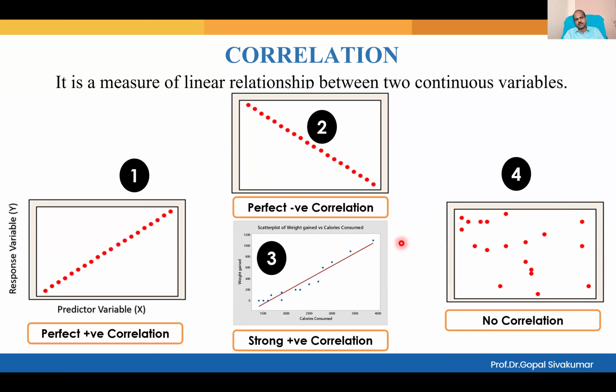The y values are completely scattered with respect to the fourth graph. So I conclude there is no correlation. There is no correlation and there is no relation. Hope all of you are able to understand the four different types of relationship that exist between X and Y.